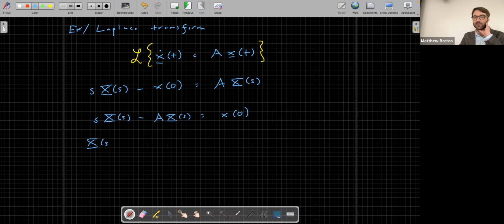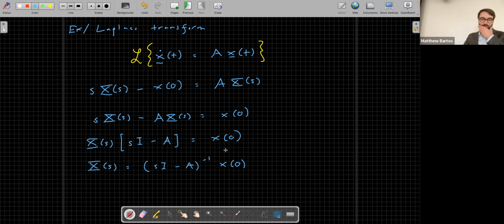So we'll have X of s times quantity sI minus A is equal to x at time 0. And how can we get an expression for our solution X in the frequency domain? All right, take the inverse. So X of s is equal to (sI minus A) inverse times x at time 0.